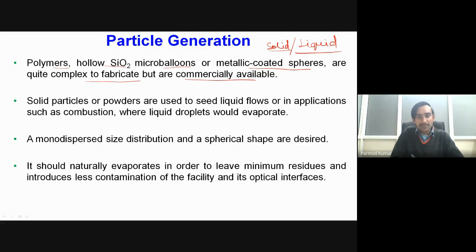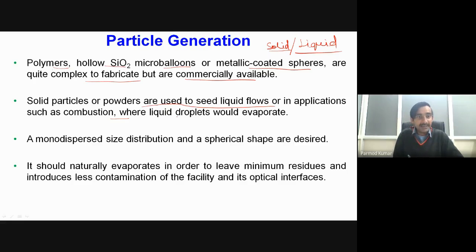Solid particles or powders are used to seed liquid flows or in applications such as combustion. Particularly, solid particles are required where we have high temperature applications, because if we have high temperature and we use liquid droplets as seeded particles, there may be chances of evaporation of the droplets. So we require solid particles under such circumstances.